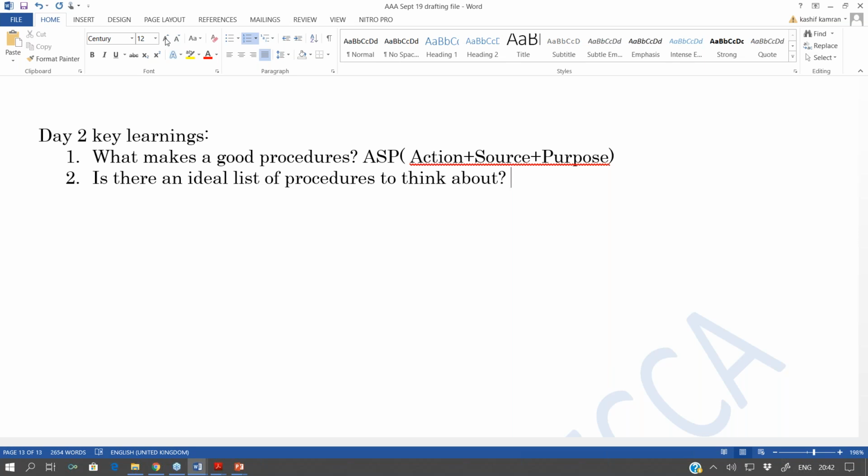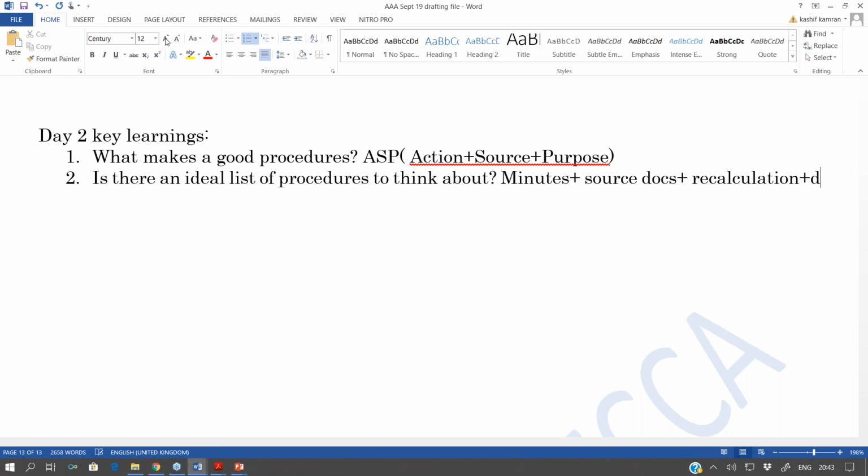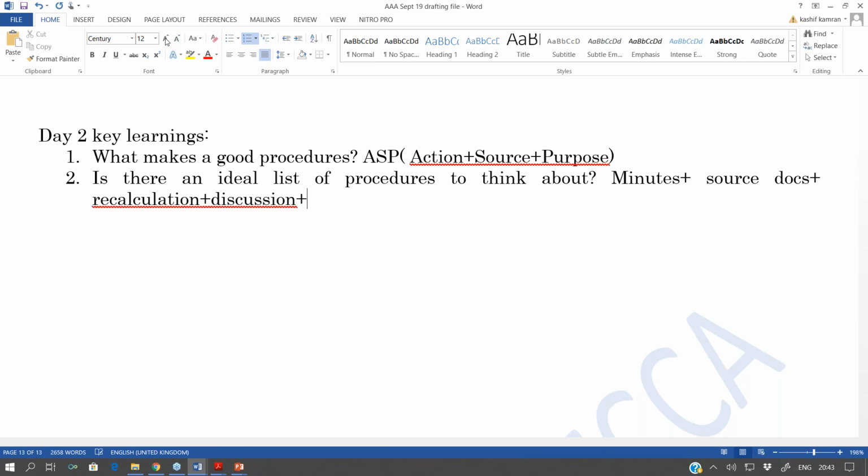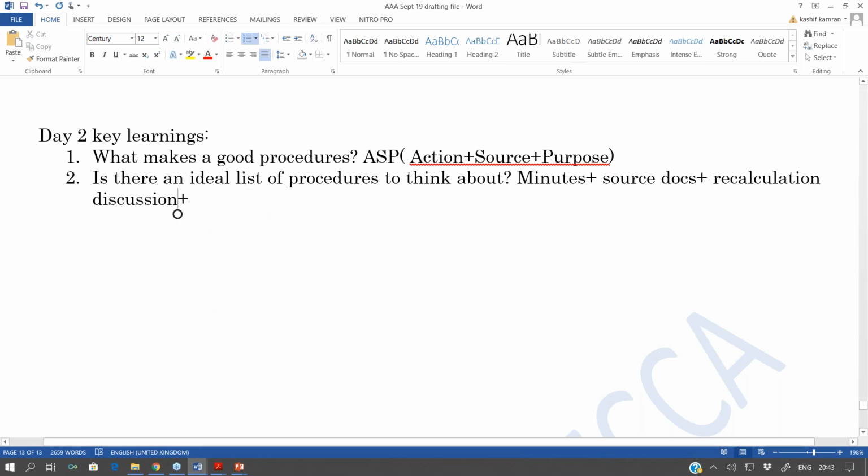Yes, we covered that in terms of minutes, source documents, plus recalculations, plus discussions, plus analytical procedures, right? So did we get that from the examiner article? We did.